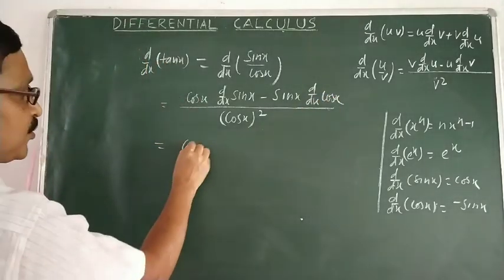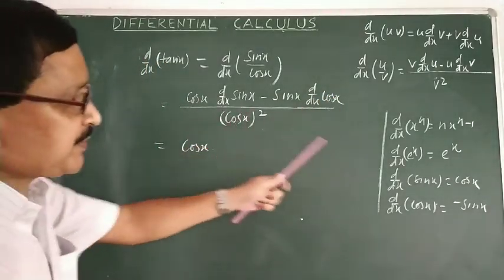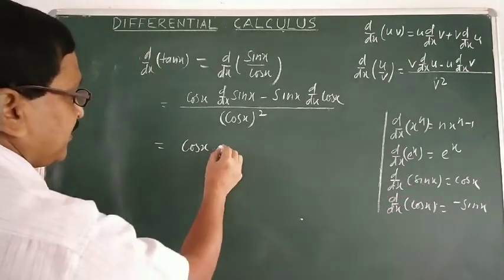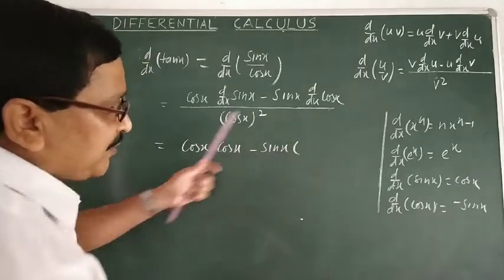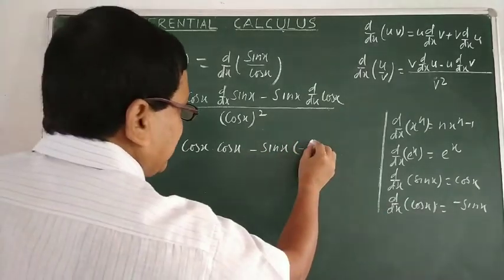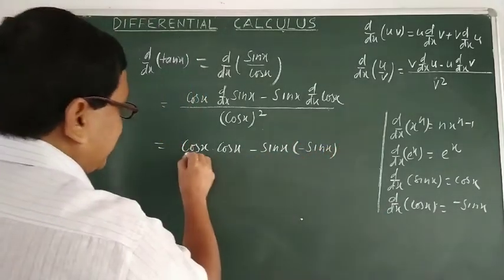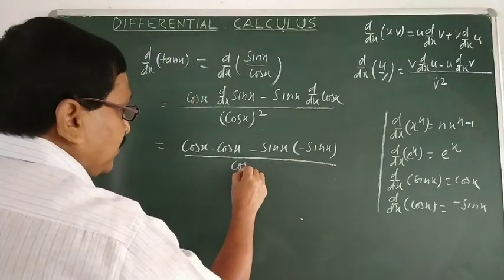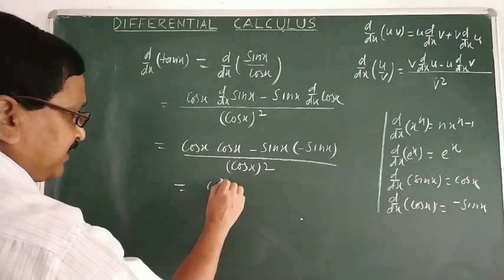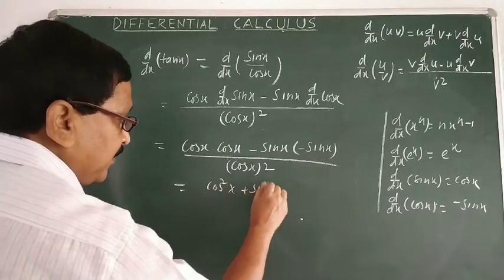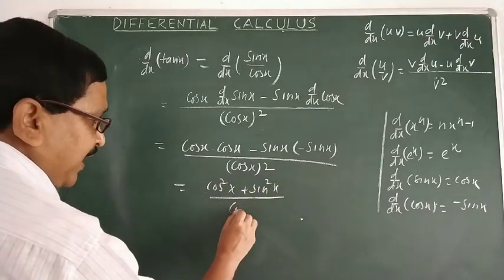Now this is cos x and the differentiation of sin x is again cos x. Cos x minus sin x, and differentiation of cos x is minus sin x. So minus sin x by cos x whole square. So this is cos square x plus sin square x by cos square x.